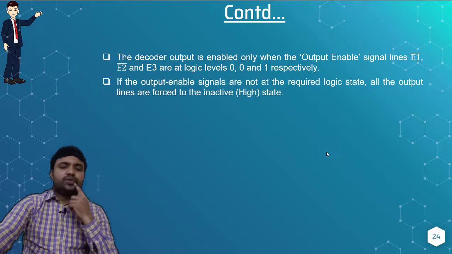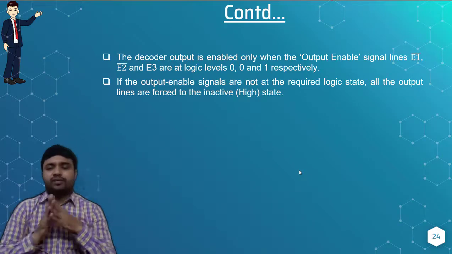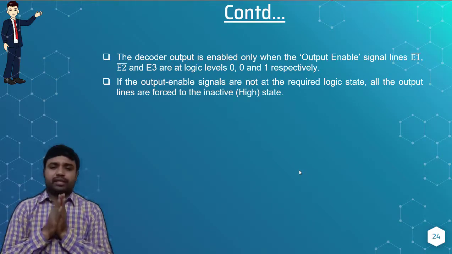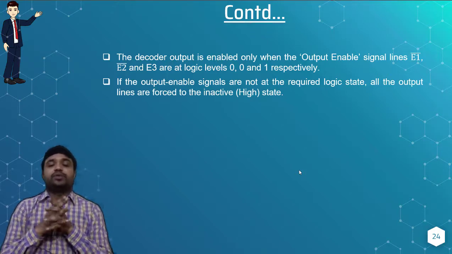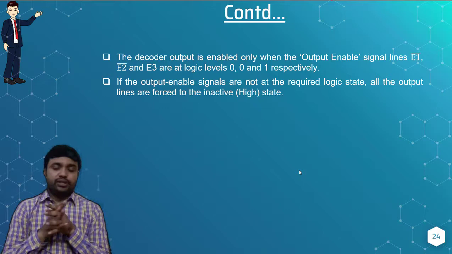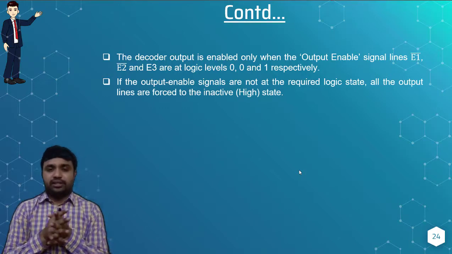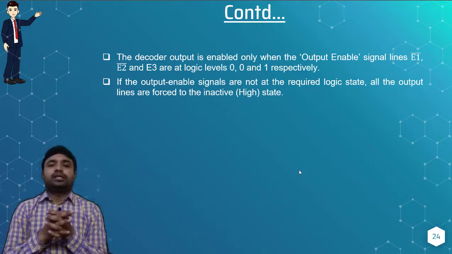Okay, so if the output enable signals are not at the required logic state, all the output lines are forced to the inactive state. That means, as the combination that we have given earlier, that is 001, if it is not available or if it is not selected, automatically all the output lines are forced to inactive state.